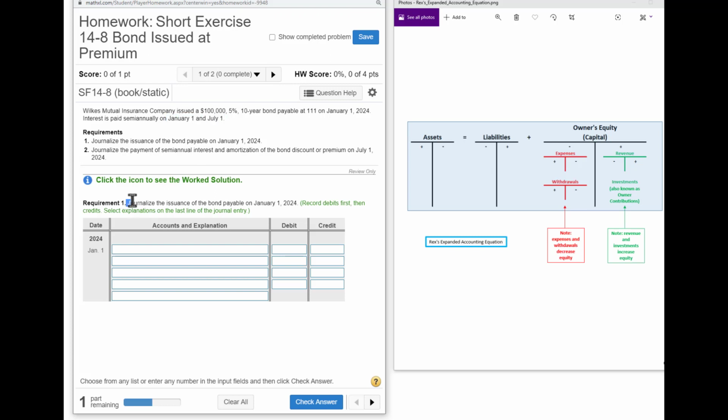So our first requirement, journalize the issuance of the bond payable on January 1st. We know we're going to get cash because that's why we issue bonds. But how much cash are we getting? To calculate that, you take the $100,000 par value and multiply it by the price, which is 111%.